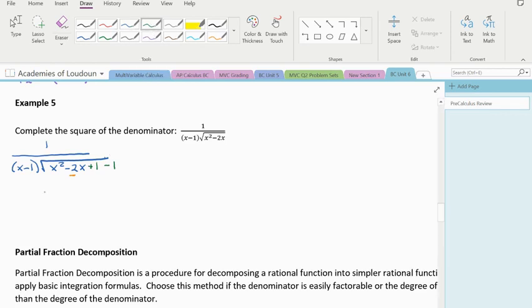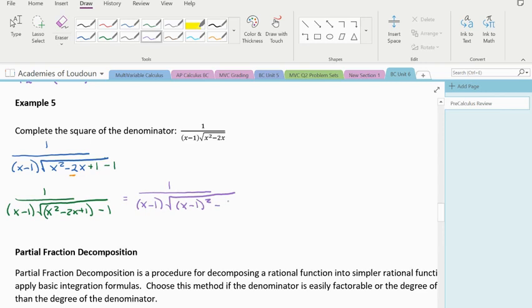So then I have 1 over x minus 1 times the square root of x squared minus 2x plus 1, I'm going to throw that in parentheses, minus 1. And so I can simplify that again to 1 over x minus 1 times the square root of x minus 1 quantity squared minus 1 squared. And you should recognize this as arcsecant.